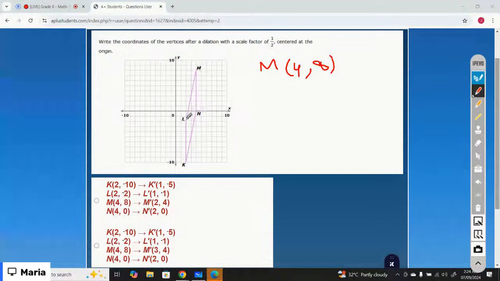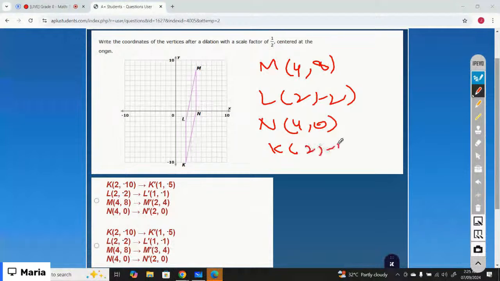For L, they are 2 and negative 2, right? N is at 4 and 0. Then K is at 2 and negative 10. So you have to multiply them by 1 by 2.